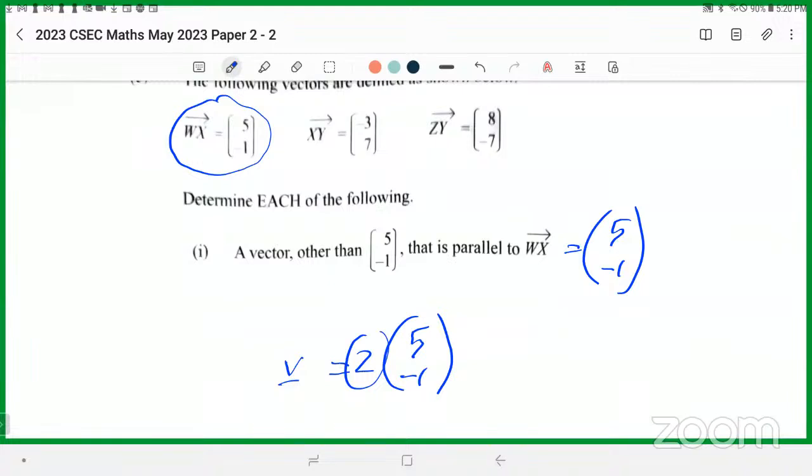I like this question. So I'm just using 2. So a vector that is parallel to this would be 10, -2, because it is a multiple of 5, -1. That is it. I could have used 3, I could have used 4, I could have used a half, I could have used any value here that I want.